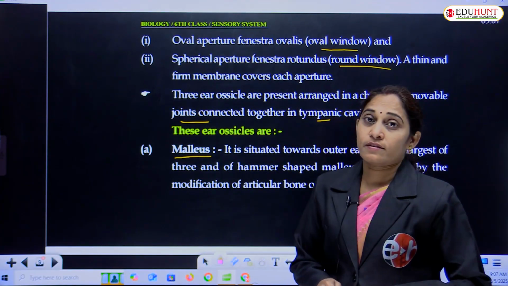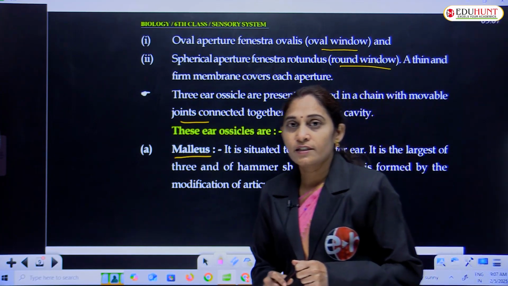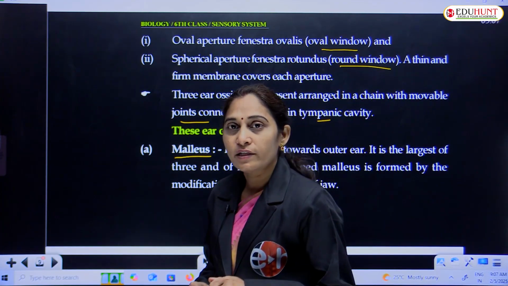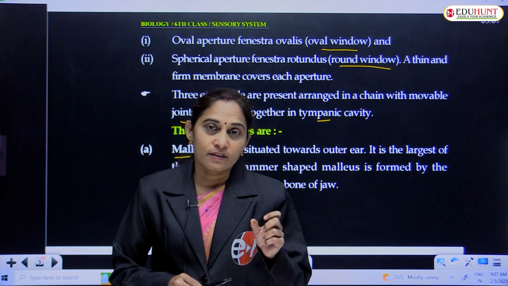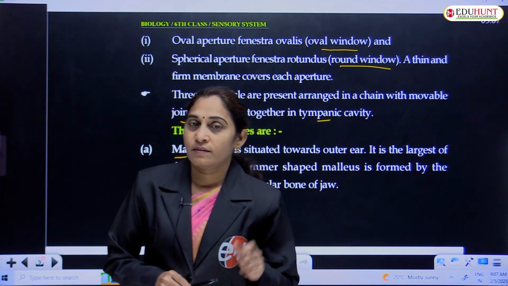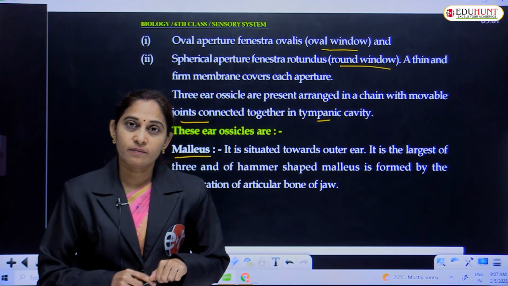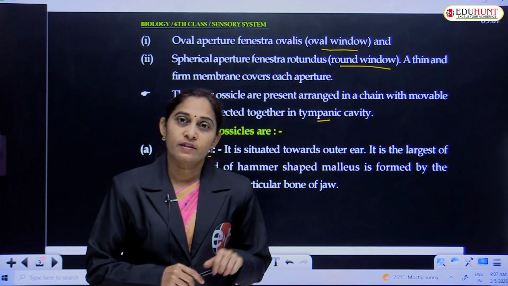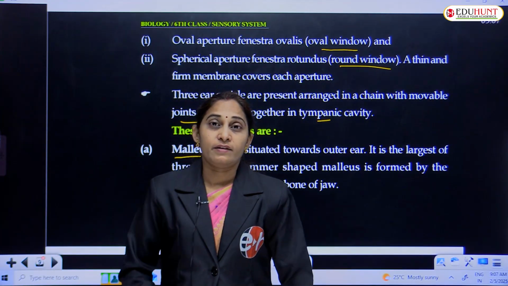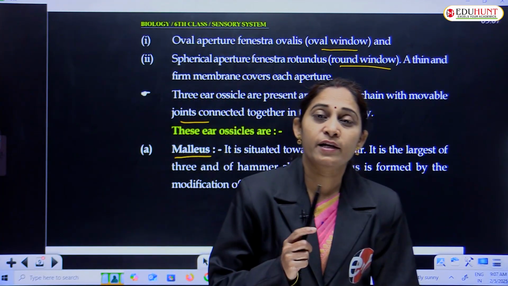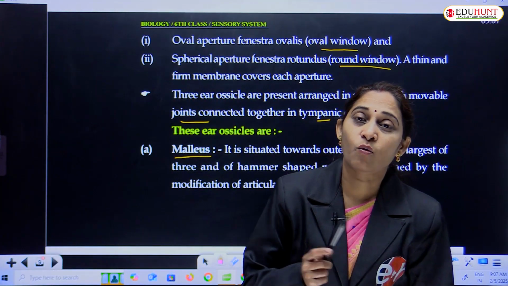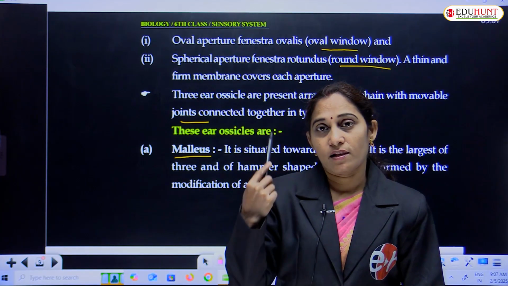We are discussing the internal structure of the ear. In the middle ear, the cavity is called the tympanic cavity, and it is supported by a bone called the tympanic bulla, which is part of the temporal bone of the skull.